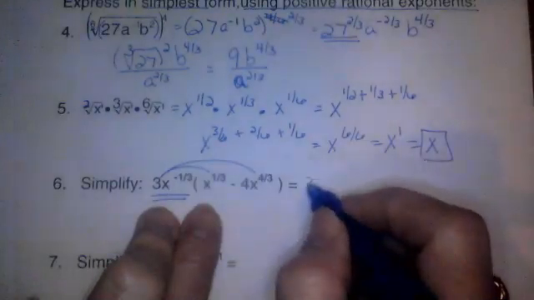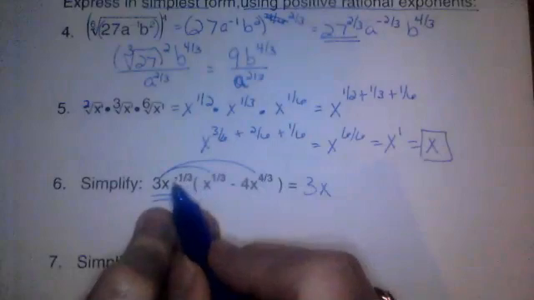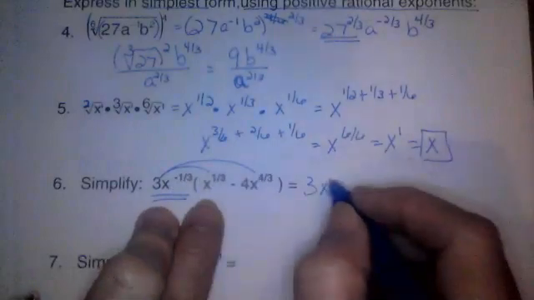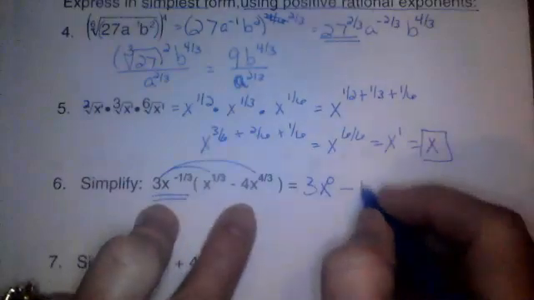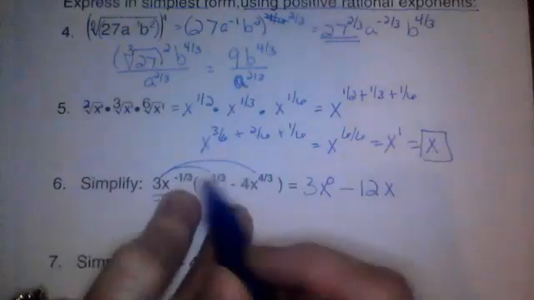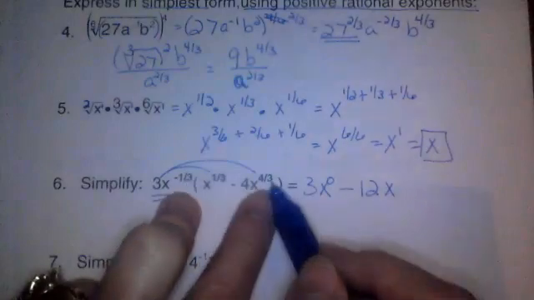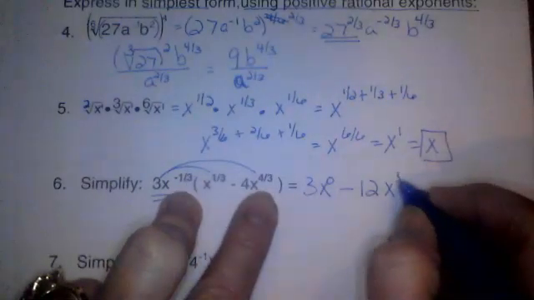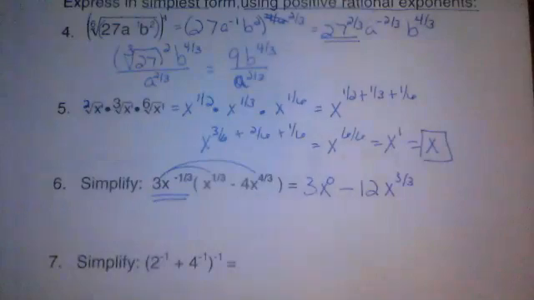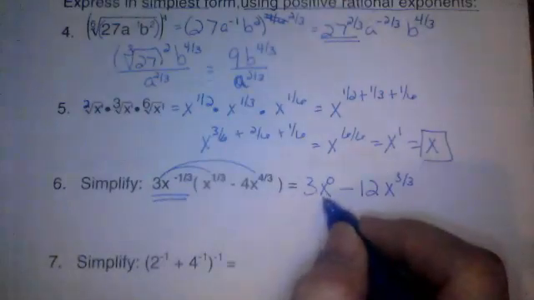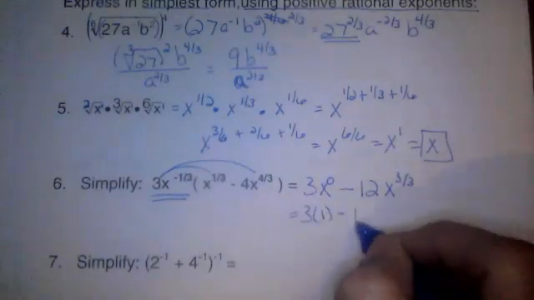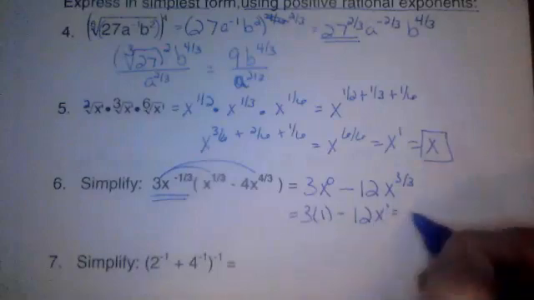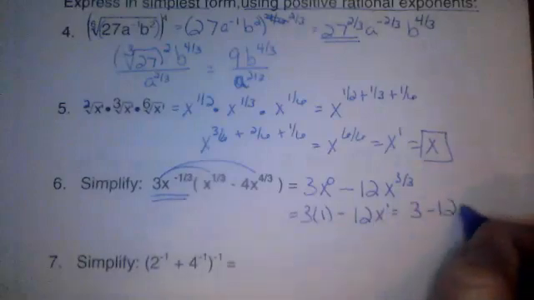So we're going to get 3x to the, and then -1/3 plus 1/3 would be 0 power, minus 3 times 4 would be 12x to the, and then -1/3 plus 4/3 would be 3/3 power. Anything to the 0 power is 1, so this is just 3 times 1 minus 12x to the first, or just 3 minus 12x.